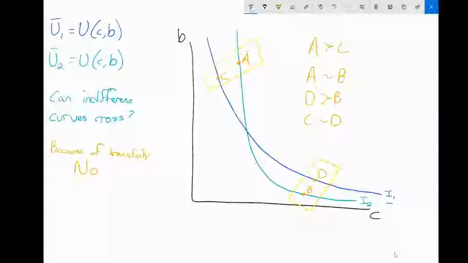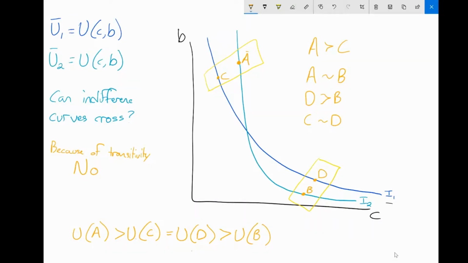So the utility that agents get from A is greater than the utility that they get from C. The utility that they get from C is equal to the utility that they get from D. The utility that they get from D is greater than the utility that they get from B. And the utility that they get from B is equal to the utility that they get from A. Does this violate transitivity?